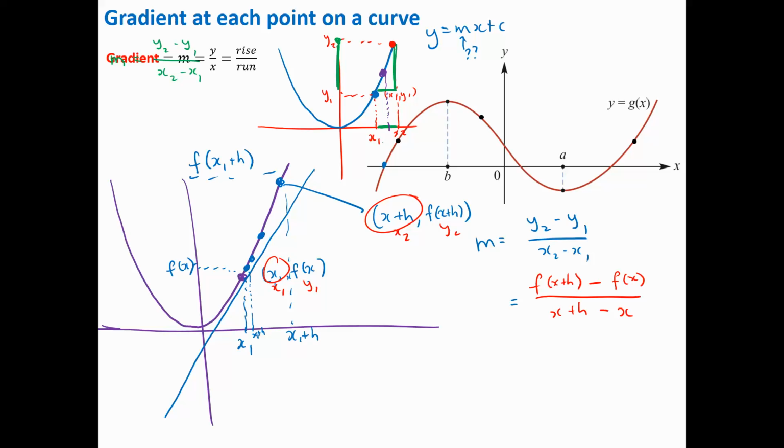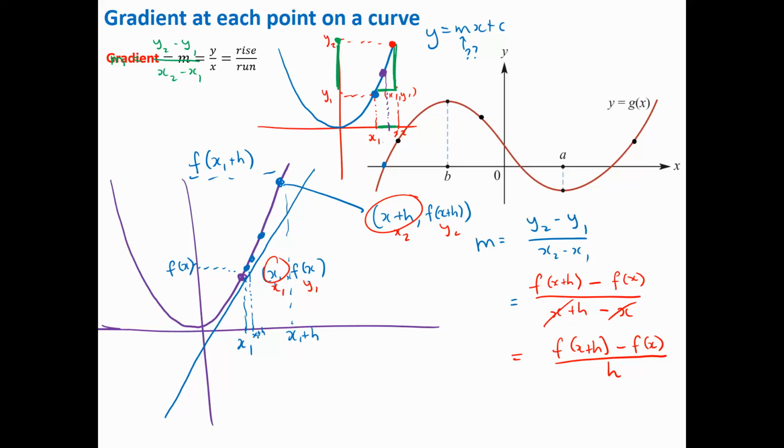That's why last year, x minus x cancels out, and you get this ugly equation when you first learned calculus: f of x plus h minus f of x over h. And the one thing they added to first principles, they say, okay, you can only get the gradient of 1 point, because that's the problem.